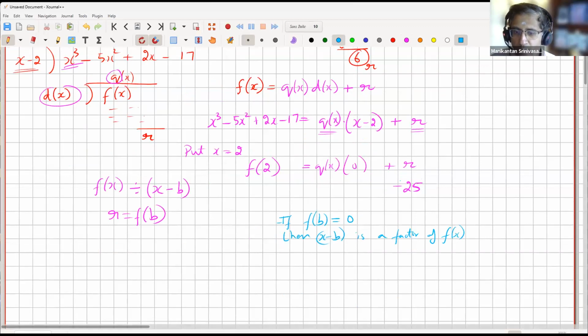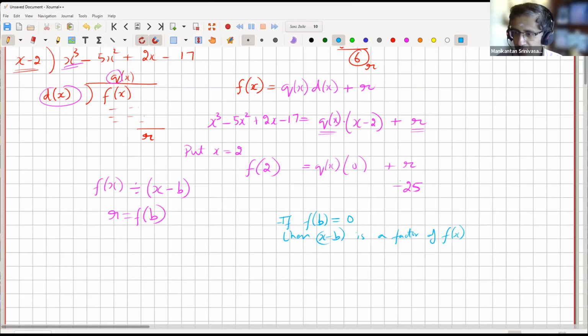If f of b is 0, it's saying the remainder is 0. When the remainder is 0, that means it exactly divides, which means it's a factor. So the factor theorem is not adding too much extra value. It's just a special case of a remainder, saying if such a remainder happens to be 0, then it's exactly divisible. x minus b is a factor of f of x.